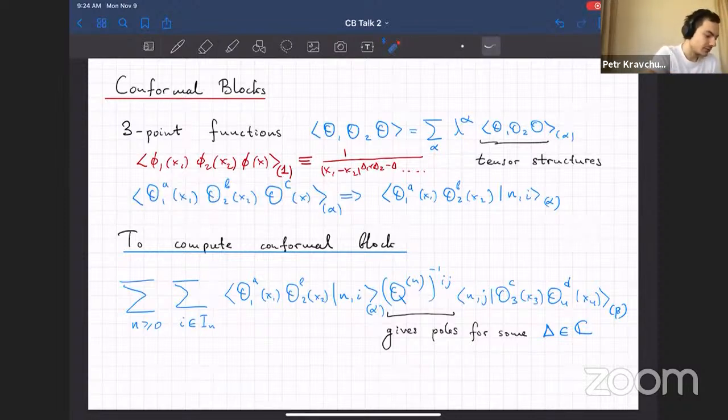And if we know this function, this allows us to compute the inner products between the state created by O1 and O2 and these basis states that we introduced in the previous slide, assuming that this is the physical value of the 3-point function.